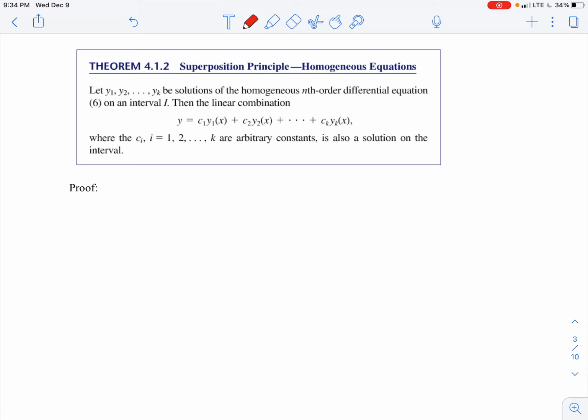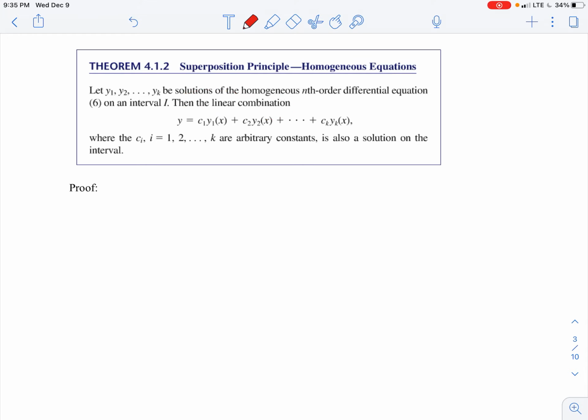The superposition principle of homogeneous equations states that if we have more than one solution to our homogeneous nth order differential equation on some interval I, then we have another solution by taking a linear combination of all of our solutions.